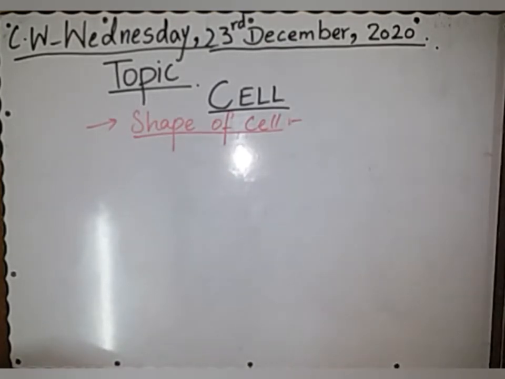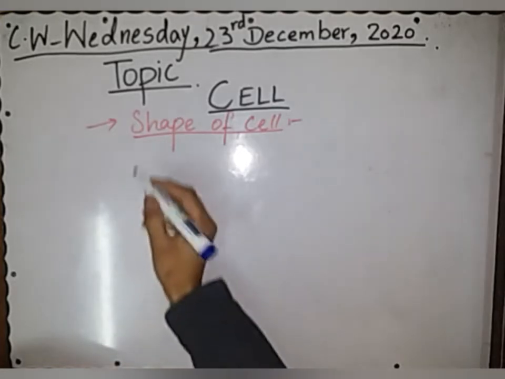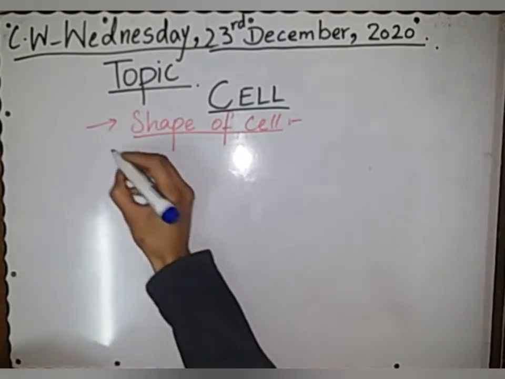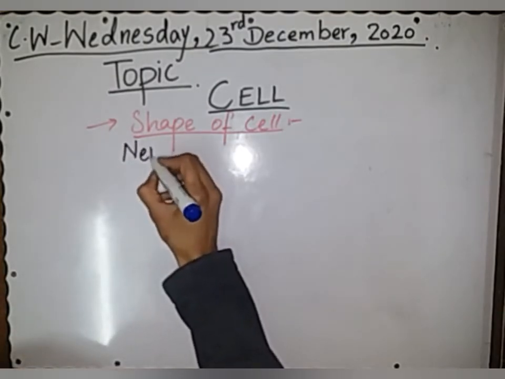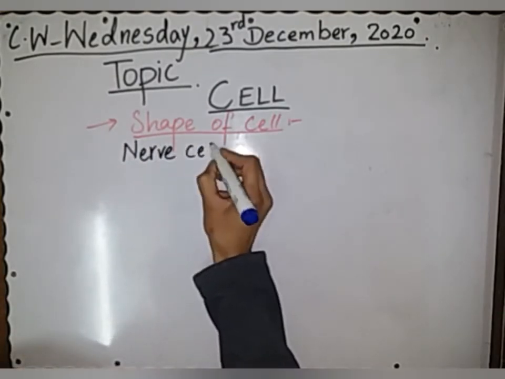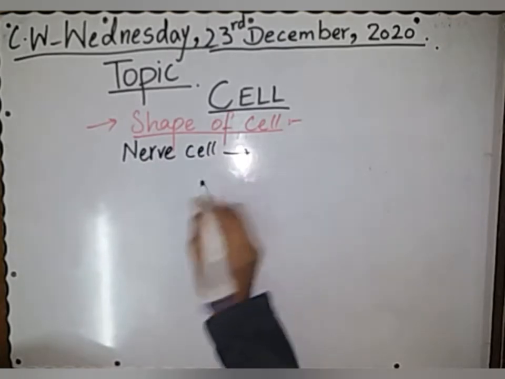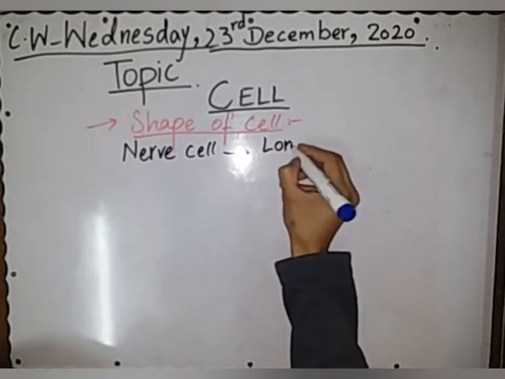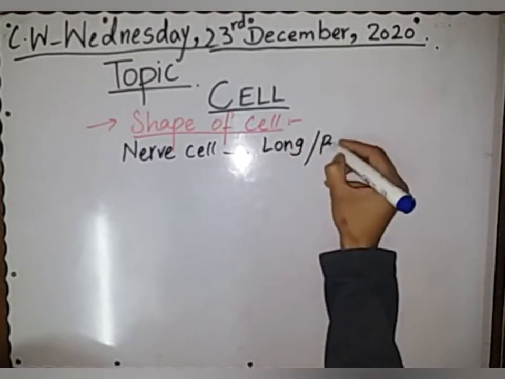Cells are of various shapes, that is, a cell might be round, spherical, or it may be elongated, concave shaped. Let me give two examples related to the shape of the cell. For example, the nerve cell, which is present in our nervous system, that is the brain and the spinal cord. The shape of the nerve cell is long and branched.